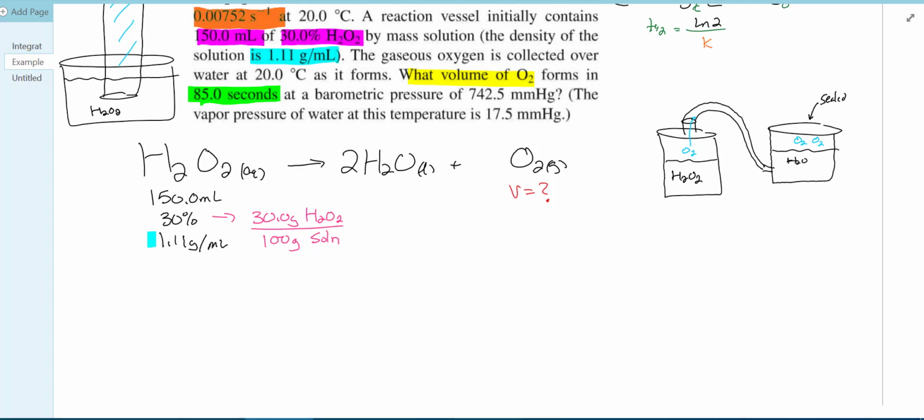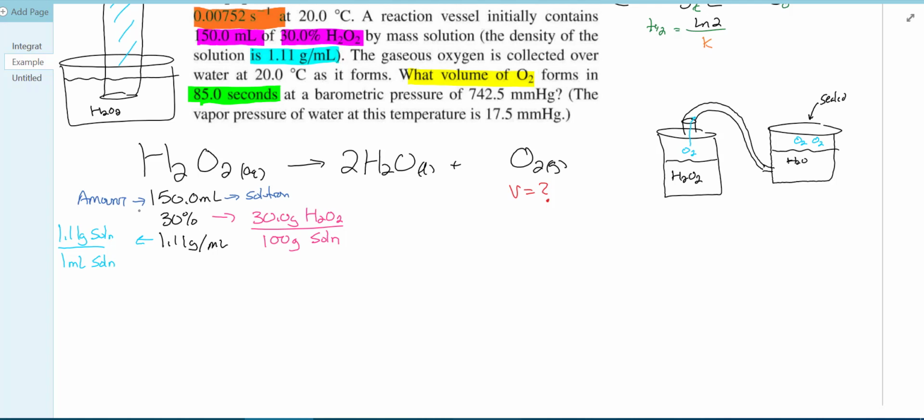The density is 1.11 grams of solution per 1 milliliter of solution. Those are our units, so that makes this a little bit easier. And that 150 milliliters is of solution. That's the amount. So the mass percent is a ratio, the density is a ratio.